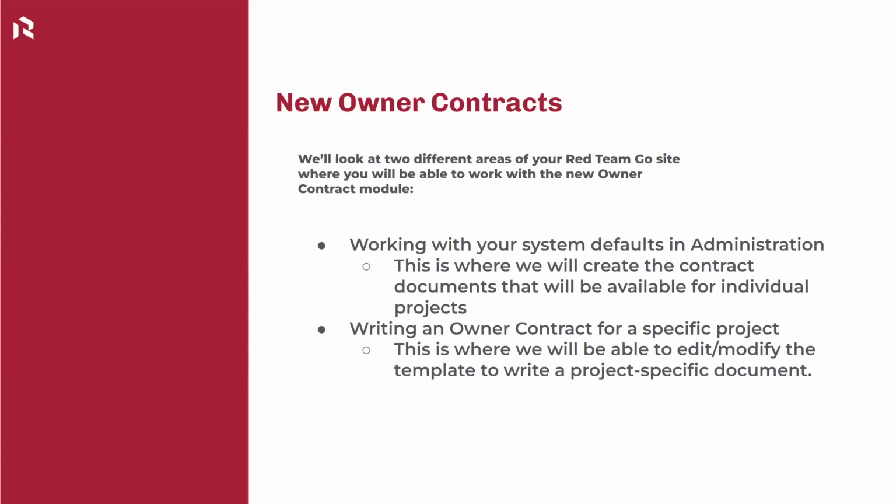This is where you can create any number of owner contract documents that you want or need in your system. Anybody who is not an administrator will not have access to get in and edit, modify and customize. They will only be able to work with the documents that you create or make available in the system. And like I said, we'll dive into that a little bit more.